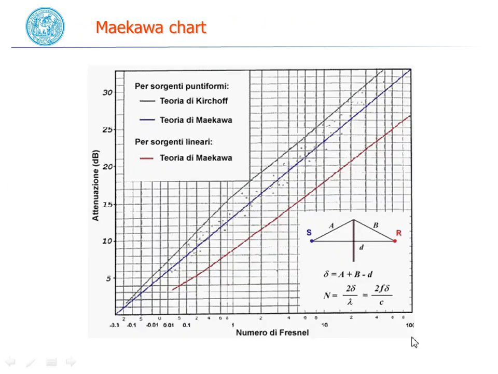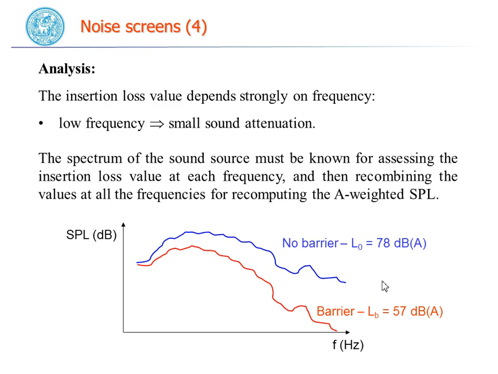If your noise source causes at the receiver a given noise spectrum when no barrier is installed, when you install the barrier, it will reduce the high frequency sound a lot and the low frequency sound much less. This means that it will change the spectrum of the source.